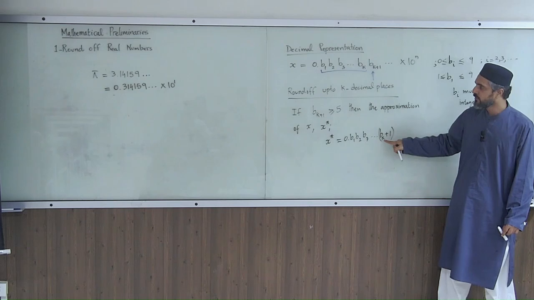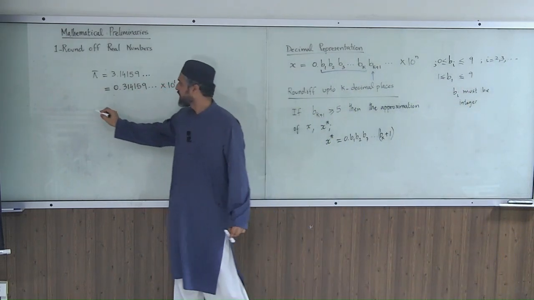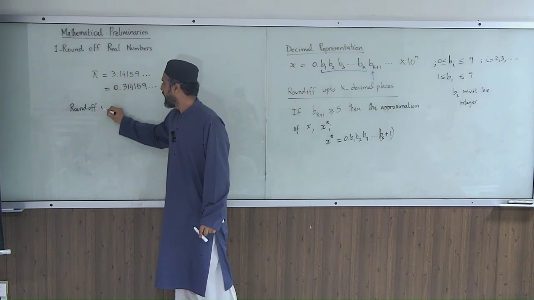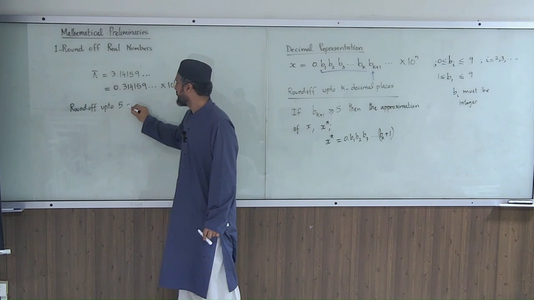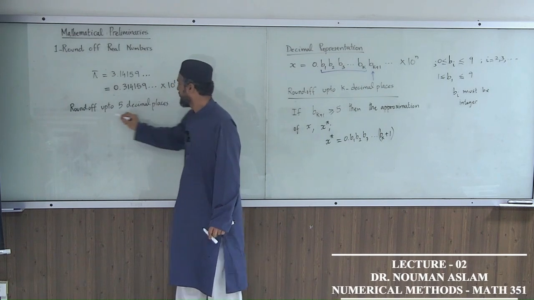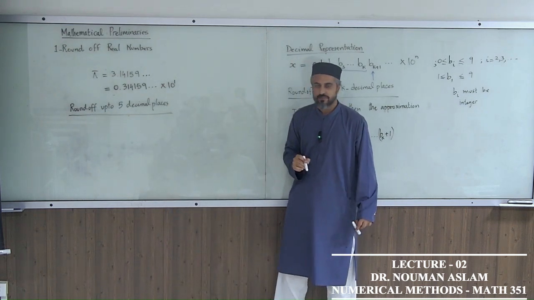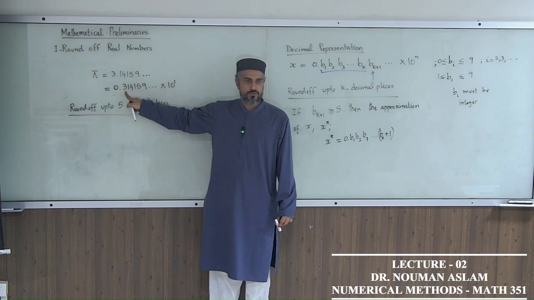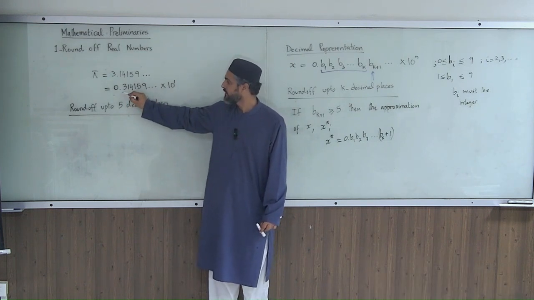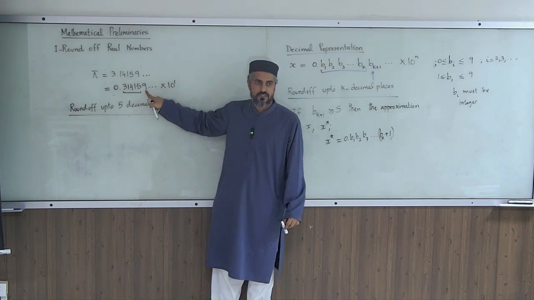So for example, if this is the number pi and we have to round off up to 5 decimal places, we will see this decimal representation, count 5 digits, which are 1, 2, 3, 4, 5, and we'll see the 6th digit. It is greater than 5.